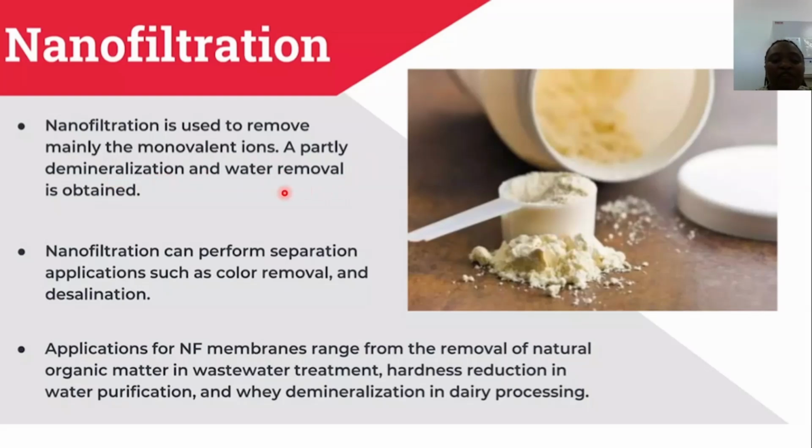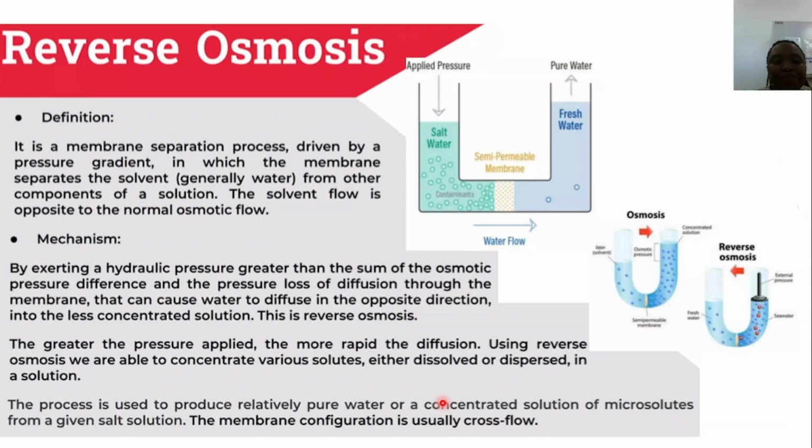It can perform separation applications such as color removal and also removal of some salt. Applications for these membranes range from removal of natural organic matter in wastewater treatment, hardness reduction in water purification, and then whey demineralization, or removal of minerals which are multivalent ions, that can be done in dairy processing.